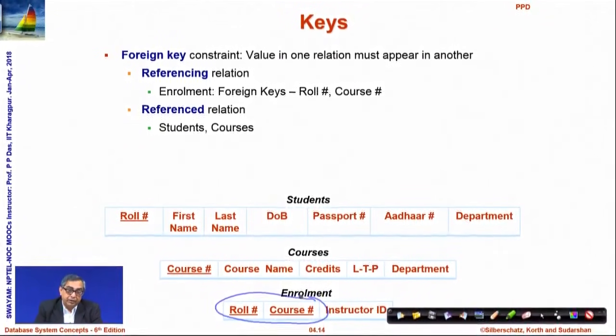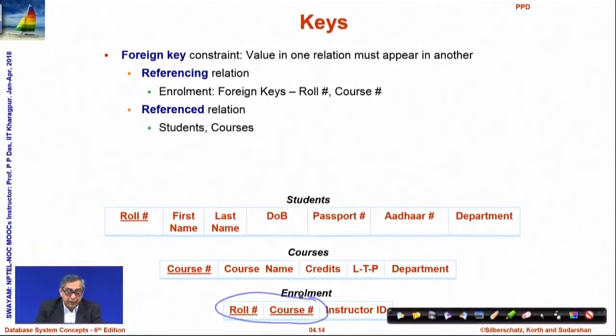So, there will be multiple records having the same roll number, but different course numbers. The course number by itself cannot be the key, because every course will have multiple students. So, there will be multiple rows having the same course number, but all different roll numbers. But if we take roll number and course number together, then that forms a key.